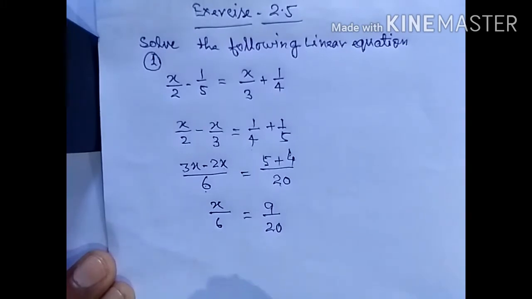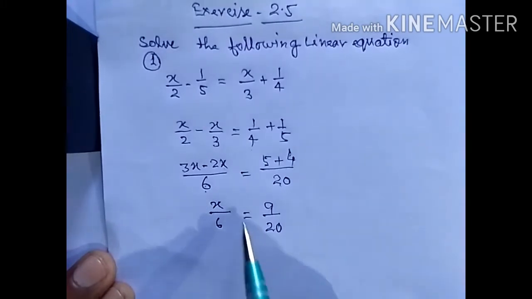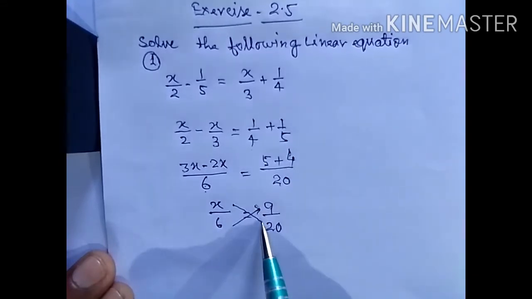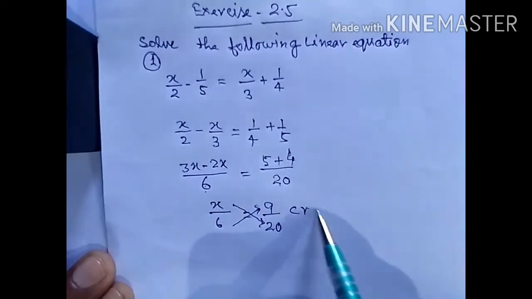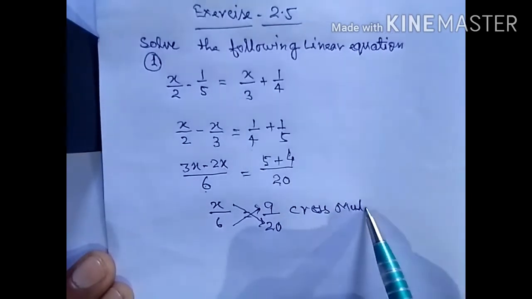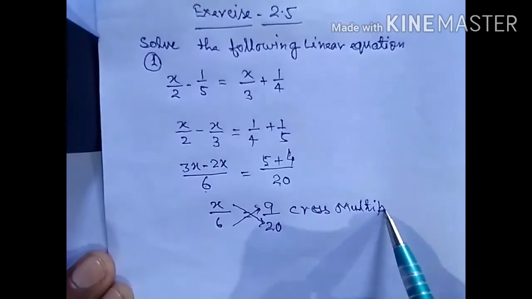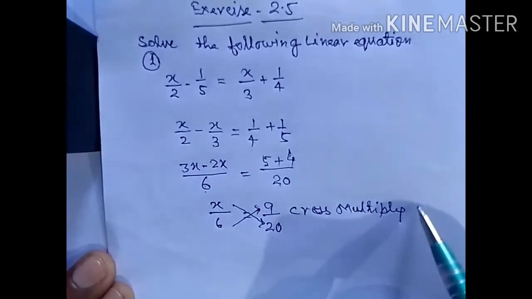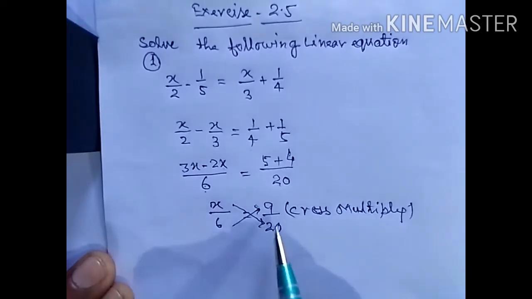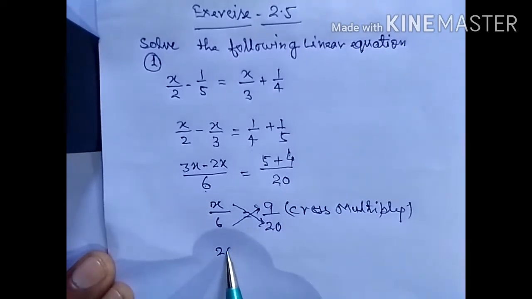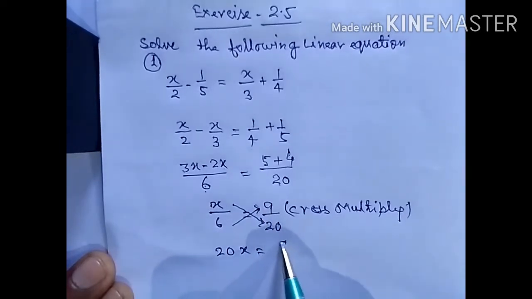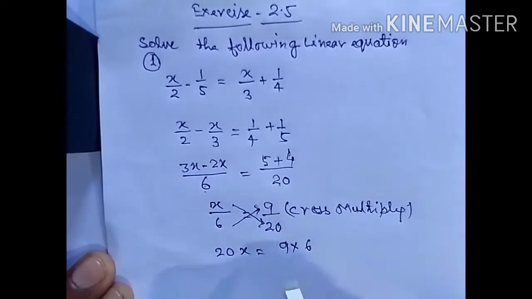Now in this step, students, we multiply like this. This is called cross multiplication. Here we cross multiply. After cross multiplication we find 20 into x, that is 20x, is equal to 6 into 9, or 9 into 6.